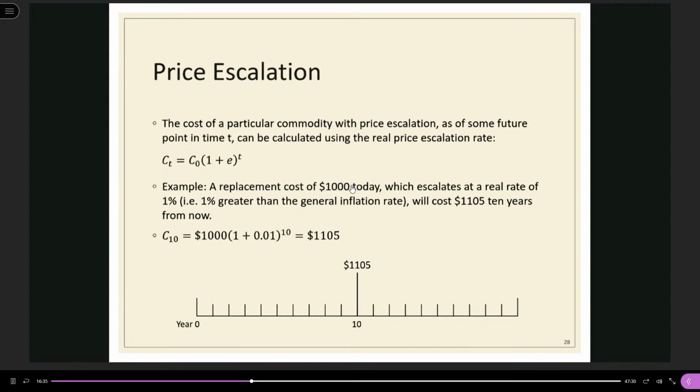So for example, a replacement cost of $1,000 today, which escalates at a real rate of 1%, so 1% greater than the general inflation, will cost $1,105 10 years later. So this is just an explanation of what this E is.